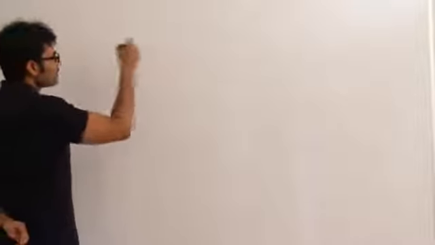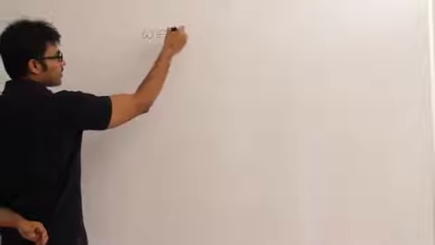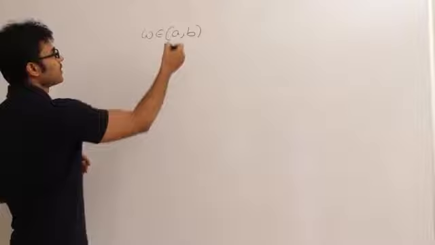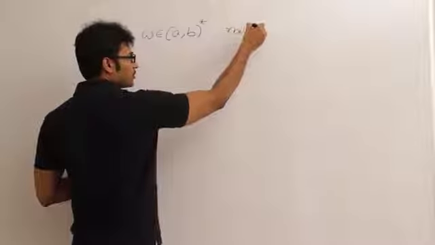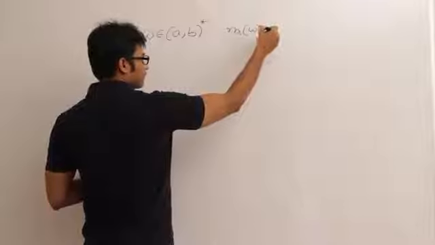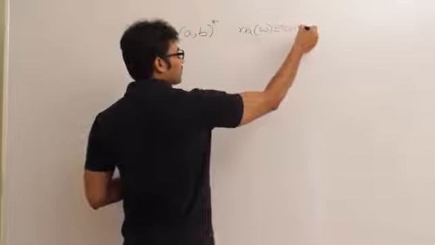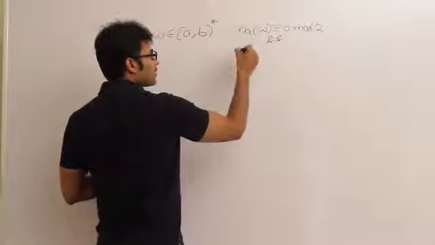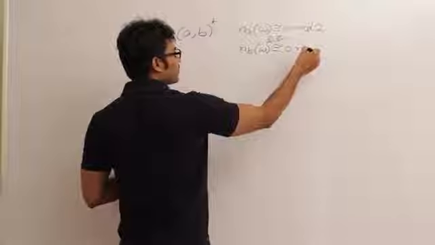Let us say I wanted to draw a DFA for the set of all strings over A comma B in such a way that the number of A's in W is even, which means if I divide the number of A's by 2, the remainder should be 0, and the number of B's in W should be even.